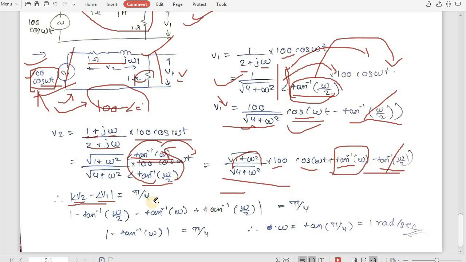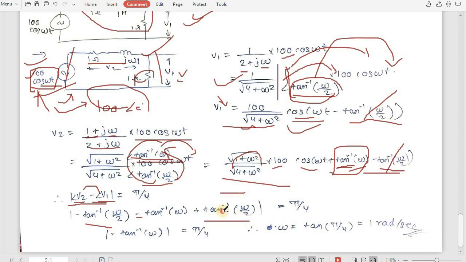Similarly, if we take the angle of V1 first and then V2, basically the angle of V1 minus the angle of V2, it will be minus tan inverse of omega by 2. Here I have taken the angle of V1 minus the angle of V2. So here it will be minus tan inverse of omega by 2, then minus the angle of V2, which is minus tan inverse of omega, so minus of minus, it will be plus tan inverse of omega by 2.